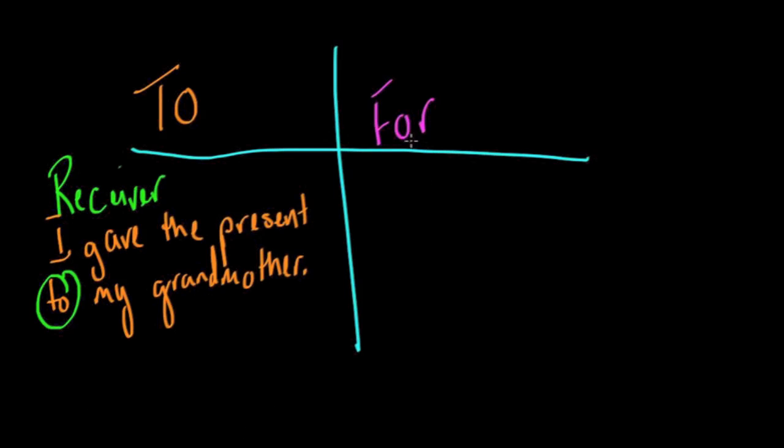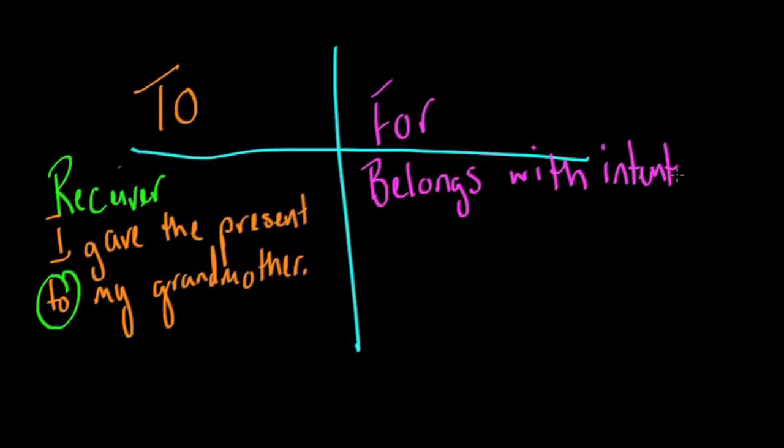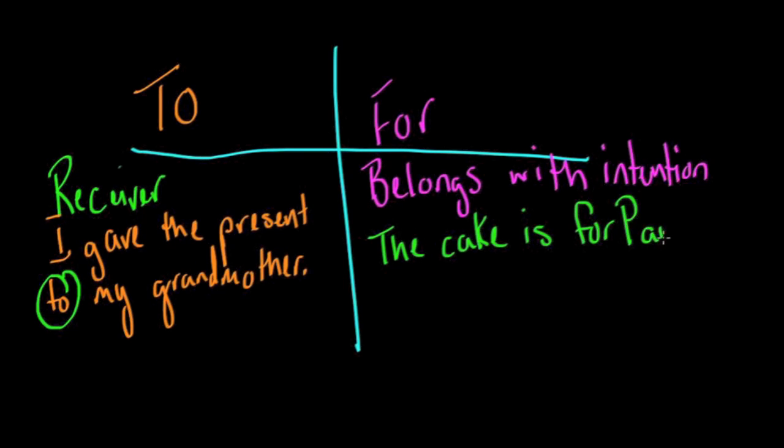Now if we look at for, it means belongs with intention. So it's intended to be someone's. For example, the cake is for Paul because it is his birthday.